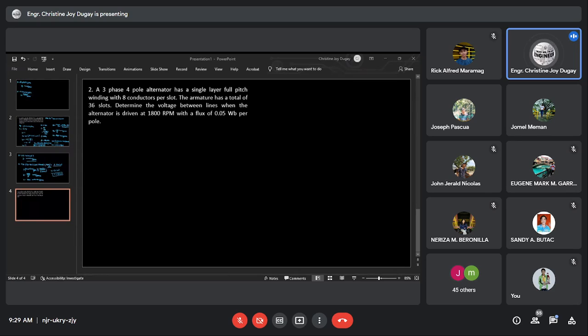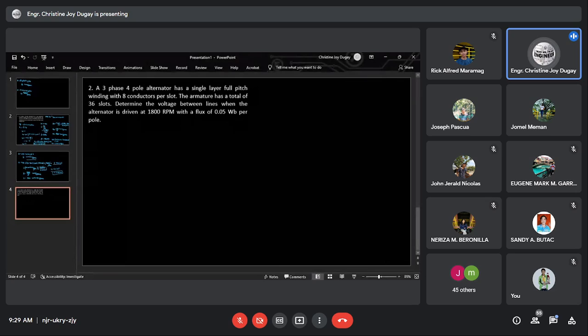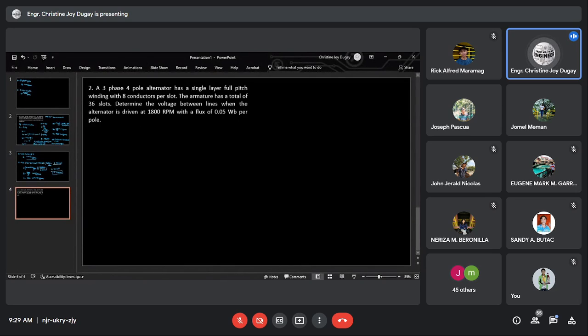Okay, so let's solve number 2, no? A three-phase four-pole alternator has a single layer full pitch winding with 8 conductors per slot. The armature has a total of 36 slots. Determine the voltage between lines when the alternator is driven at 1,800 RPM. The flux is 0.05 Weber per pole.